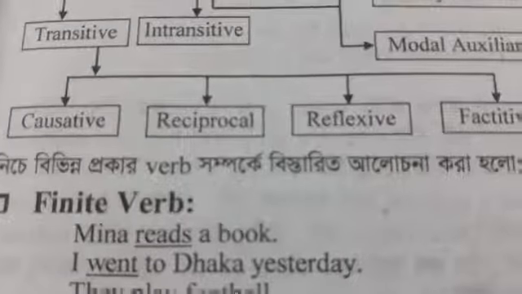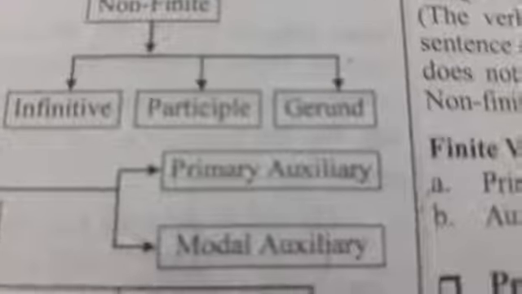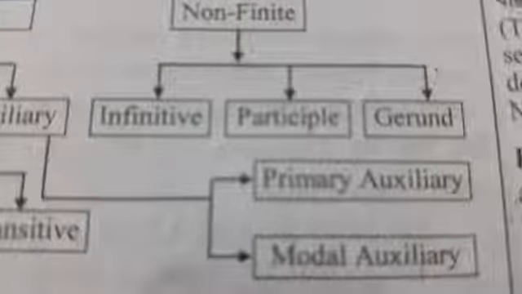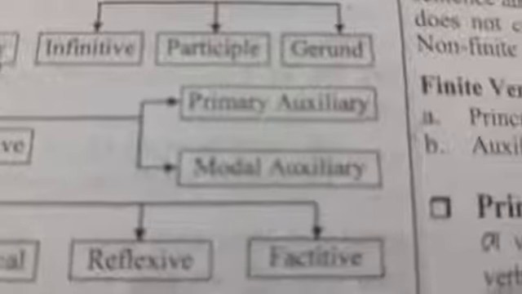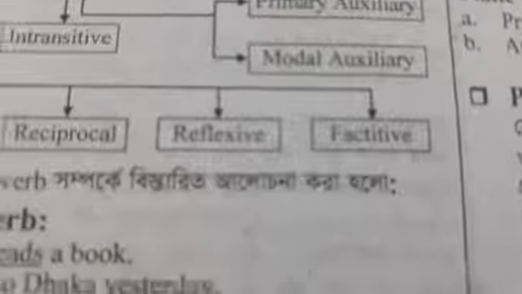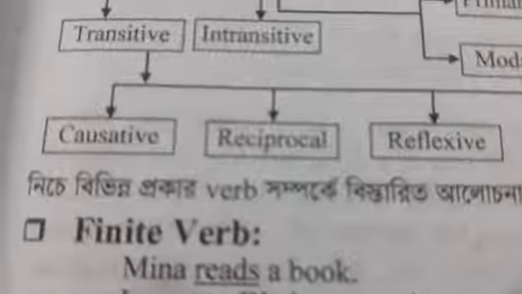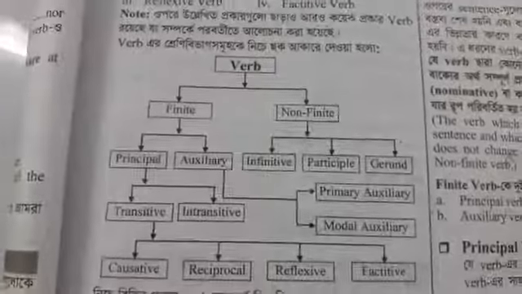And the principal verbs are transitive and intransitive, and the transitive verbs are divided into causative, reciprocal, reflexive, and so on. On the other hand, a non-finite verb has three parts: infinitive, participle, gerund. And auxiliary verbs are primary auxiliary and modal auxiliary. So students, these are the classifications of verbs you can see here.